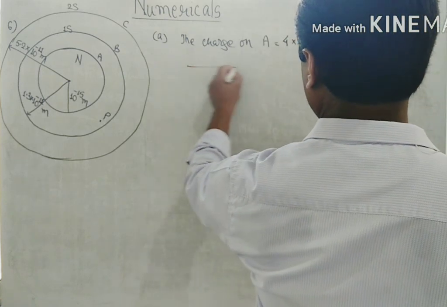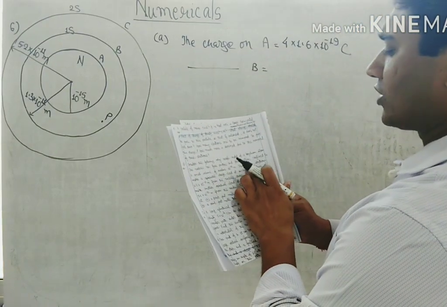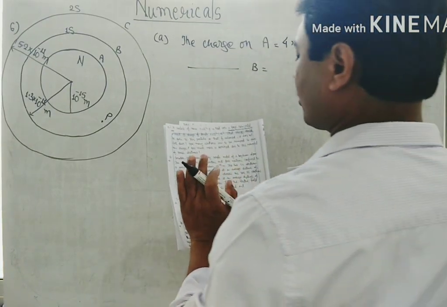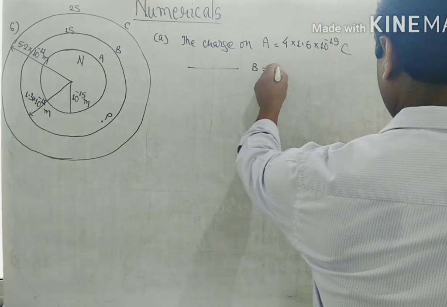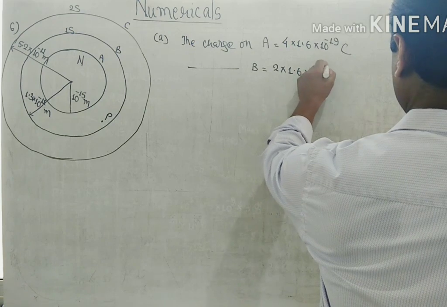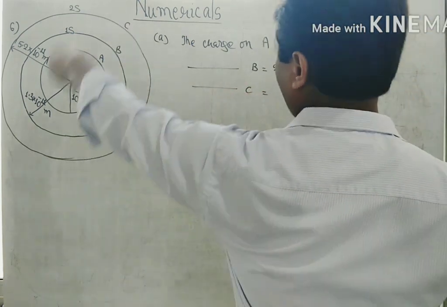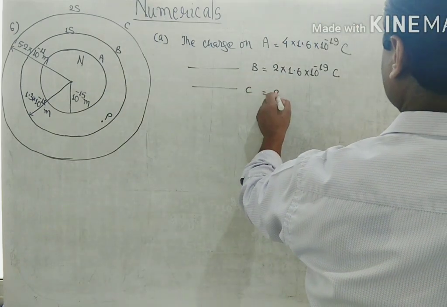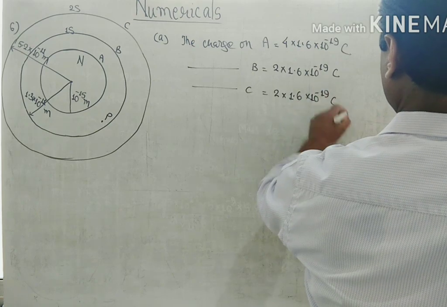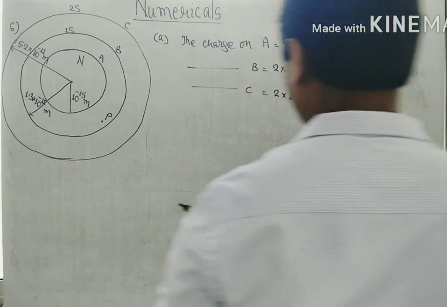Similarly the charge on B: B has 2 electrons. The two 1s electrons make a spherical charge cloud. So here we have 2 into 1.6 into 10 to the power minus 19 coulomb, and the charge on this 2s, again there are 2 electrons given in the question, 2 into 1.6 into 10 to the power minus 19 coulomb. So these are simply the charges on different orbits along with this nucleus.